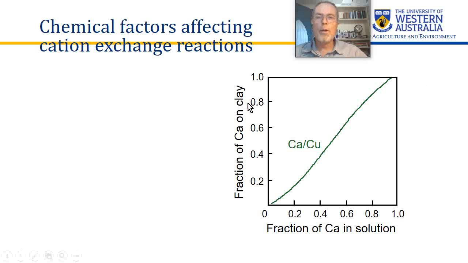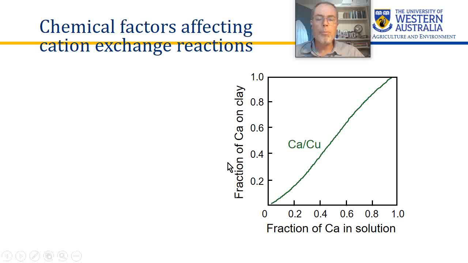We're going to have a look at some of the factors affecting cation exchange reactions, one of which is competition between ions. And the main thing determining competition is the charge on the cation, or more specifically, the charge to radius ratio. Okay, so let's have a look at this. We've got an unusual looking graph here, so I'll explain it. What we've got is the amount of calcium in solution and the amount of calcium on the clay.